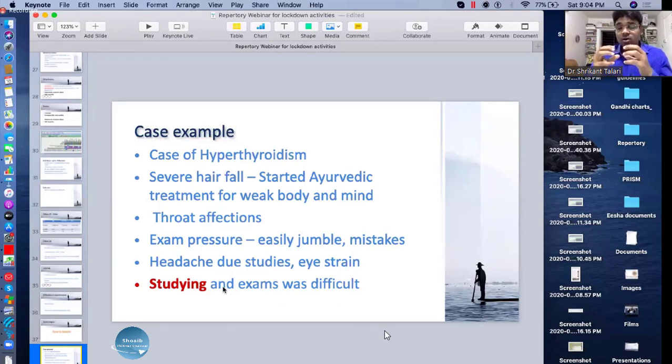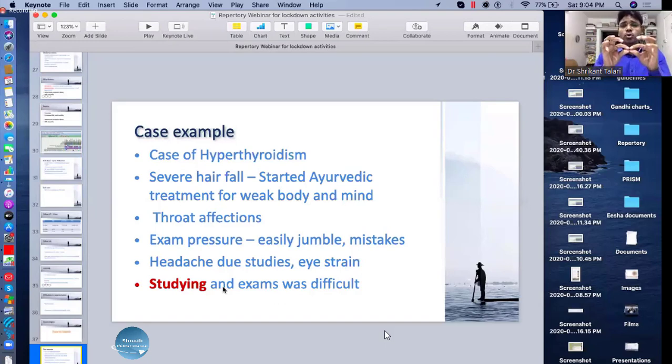But you know what used to happen is when I was writing the exam, I would get jumbled up very easily. For example, if there are three questions, I know the answer for all the three questions, but I would write the answer of question number one and write of question number three in question number two, not writing it in the right place.